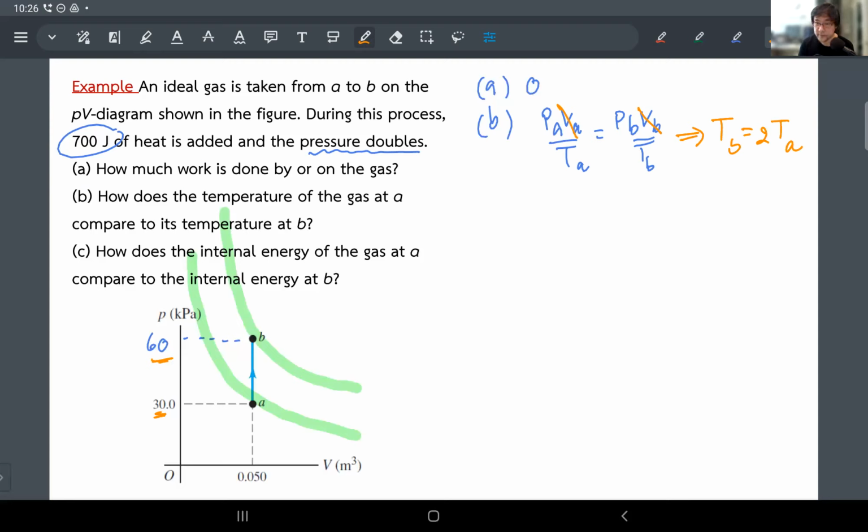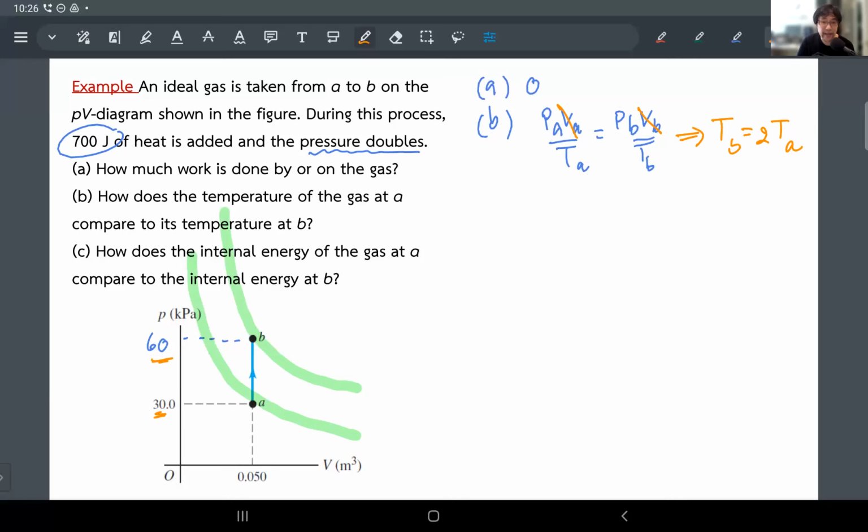Oh, and the U at B, definitely. Once the temperature is higher, the internal energy will automatically be higher as well. Correct. And another comment, T at B is 701. How do you get 701? What is this number from? Not so sure. I cannot see these numbers just yet.